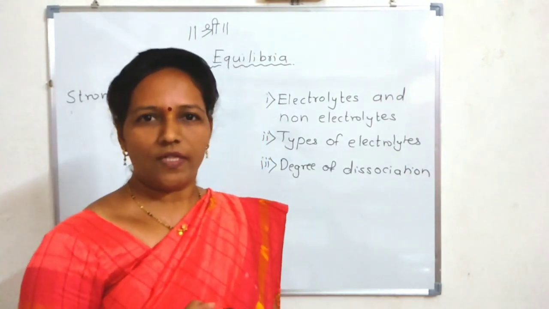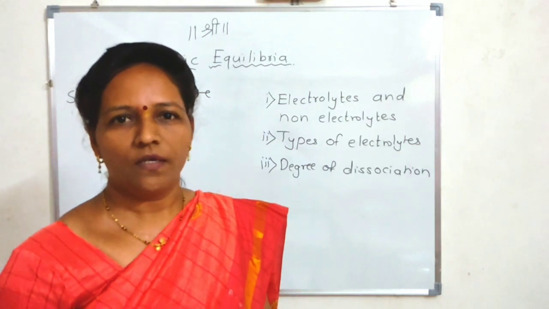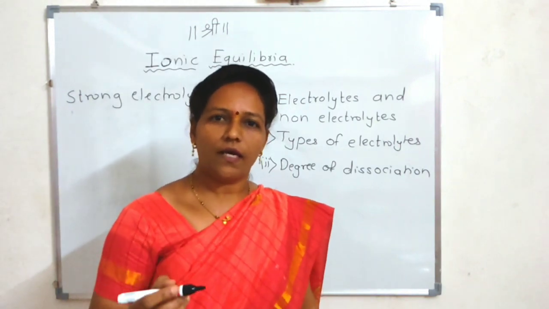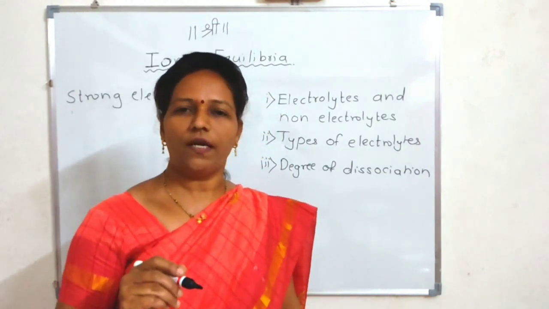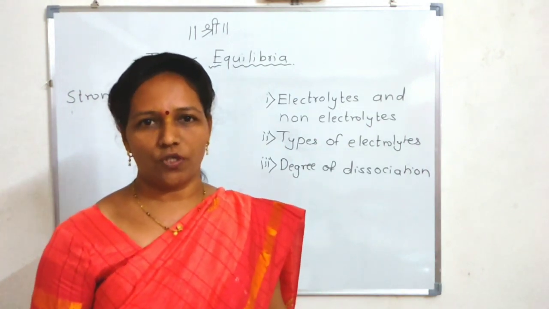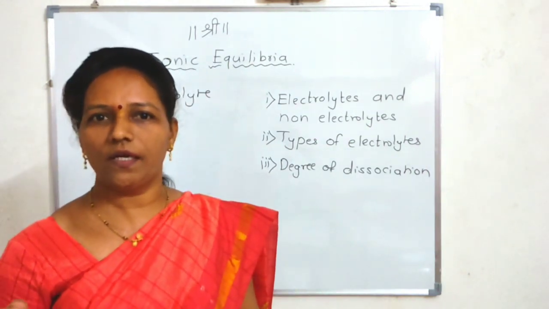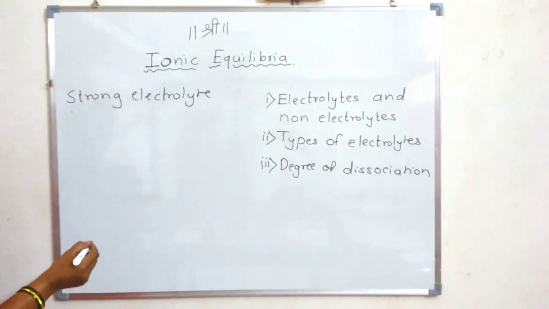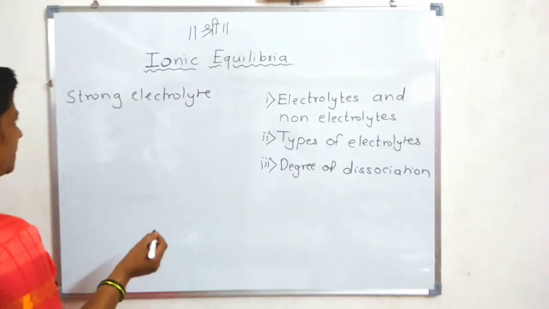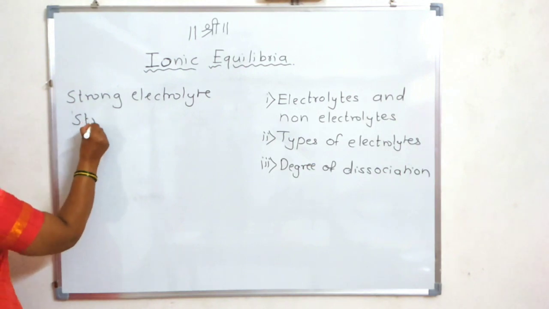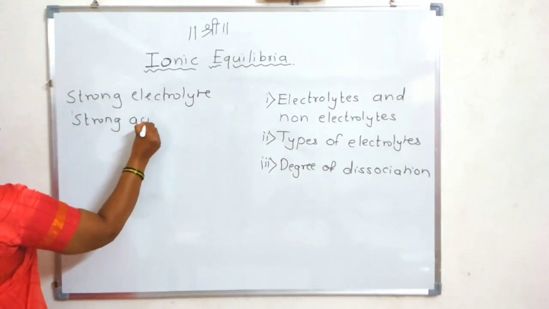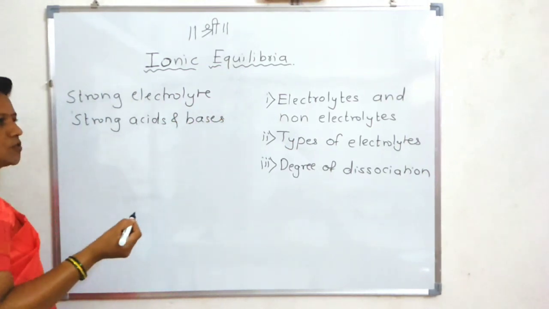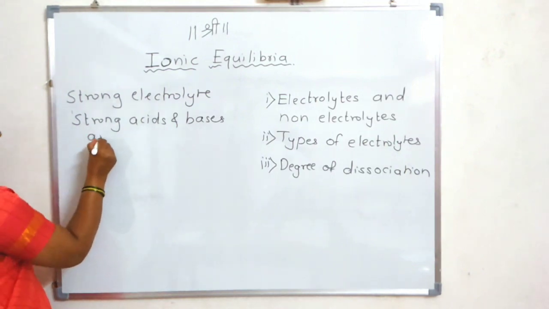At first, we will see what are strong electrolytes. Strong electrolytes are the electrolytes which dissociate almost completely in aqueous solution. Examples of strong electrolytes are all the strong acids, bases and salts.